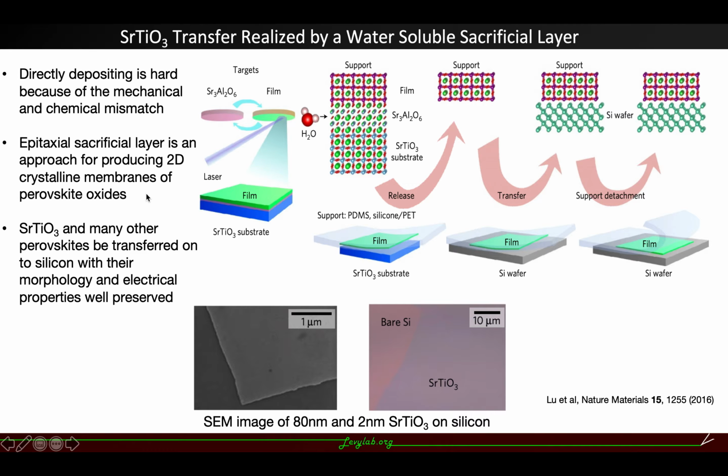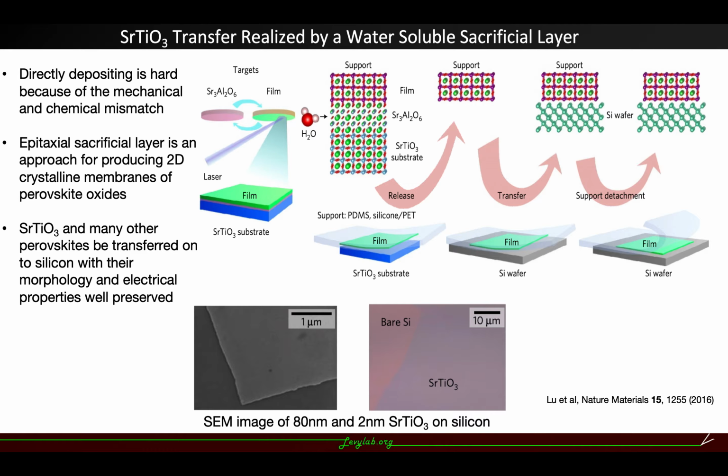So an epitaxial sacrificial layer is another approach for producing integrated perovskite and other materials. As shown here, Huang's group already used strontium aluminate as the sacrificial layer to transfer strontium titanate onto silicon.